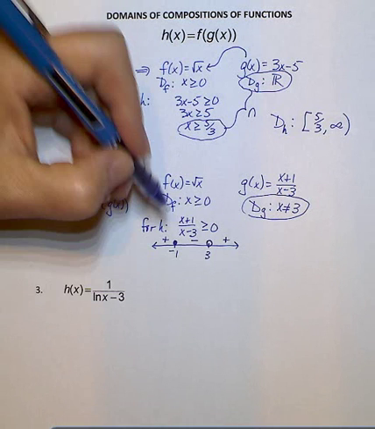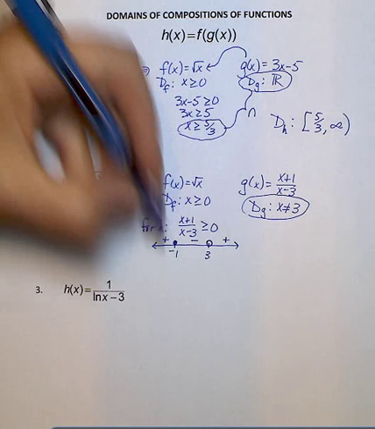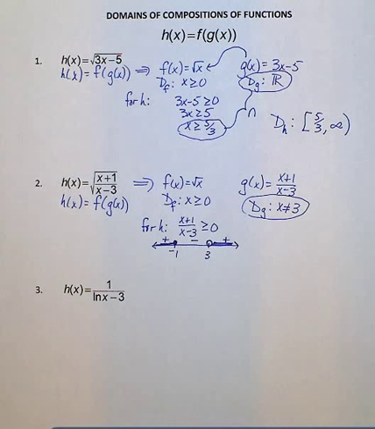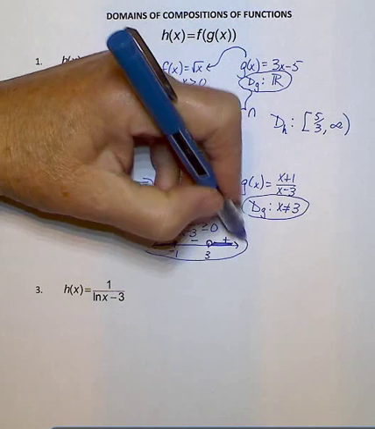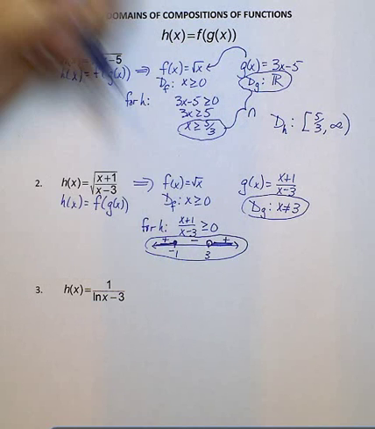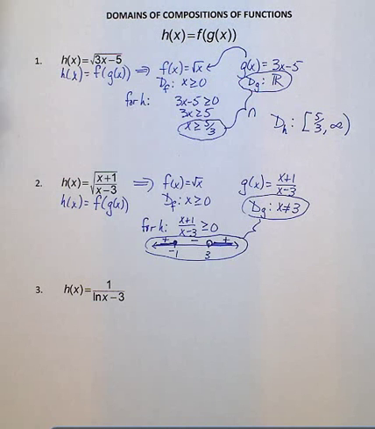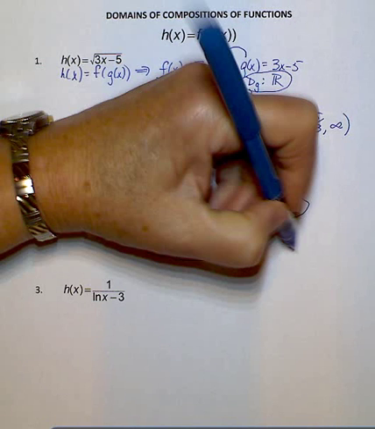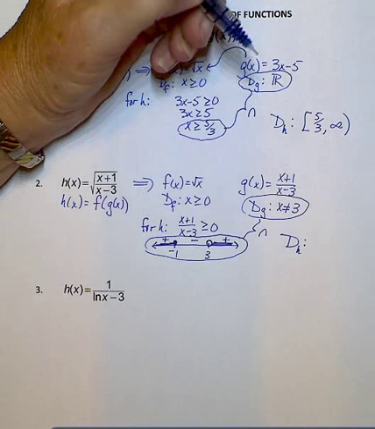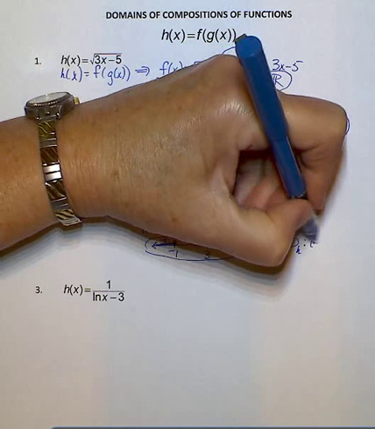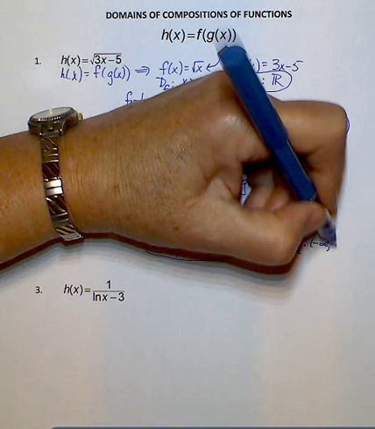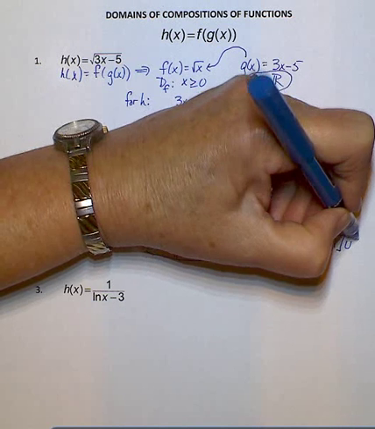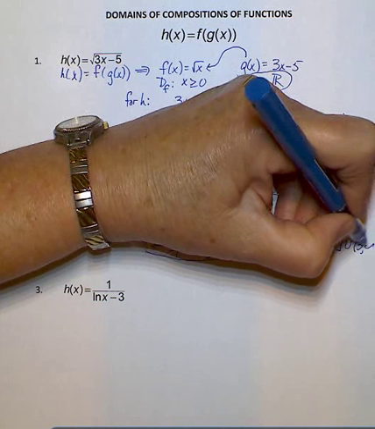We want this quantity to be greater than or equal to 0, so I choose the intervals where I have the plus sign, and I put this condition together with the domain of g, and take the intersection of those two, and we find that the domain of h in this case is the interval from negative infinity to 1, bracket, together with, I'll write union, parenthesis 3 to infinity.